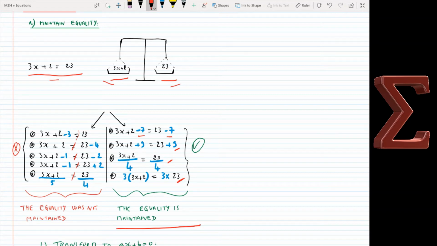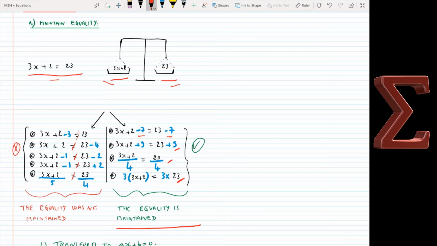If I have 5 oranges or apples, whatever you like, and I subtract 2 on the other side, the equality will be maintained. Obviously here we suppose that each apple has the same weight, but the idea is if you take or add or divide or multiply by the same factor on both sides, then the equality is maintained.